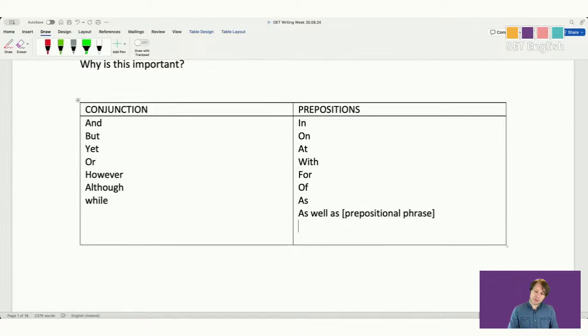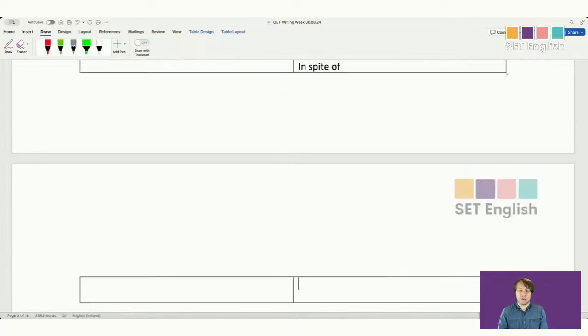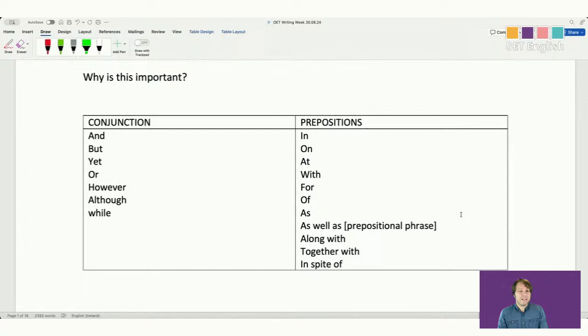Other examples of prepositional phrases: along with, together with, in spite of, okay?